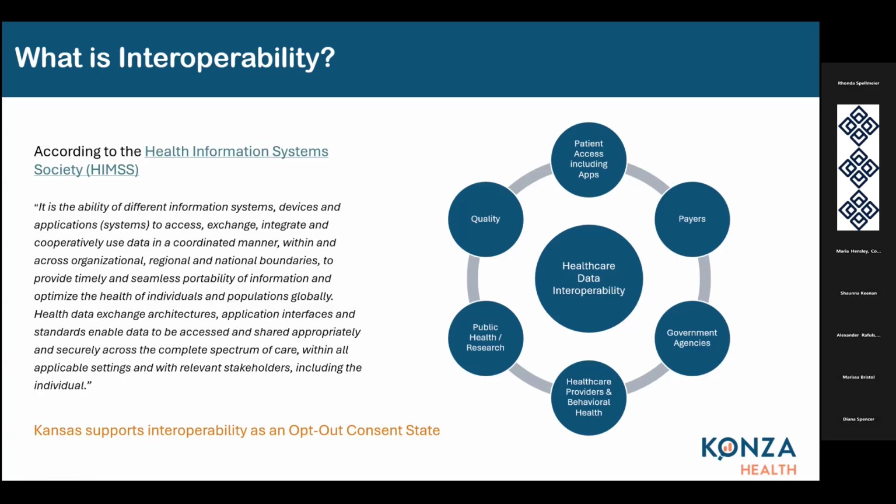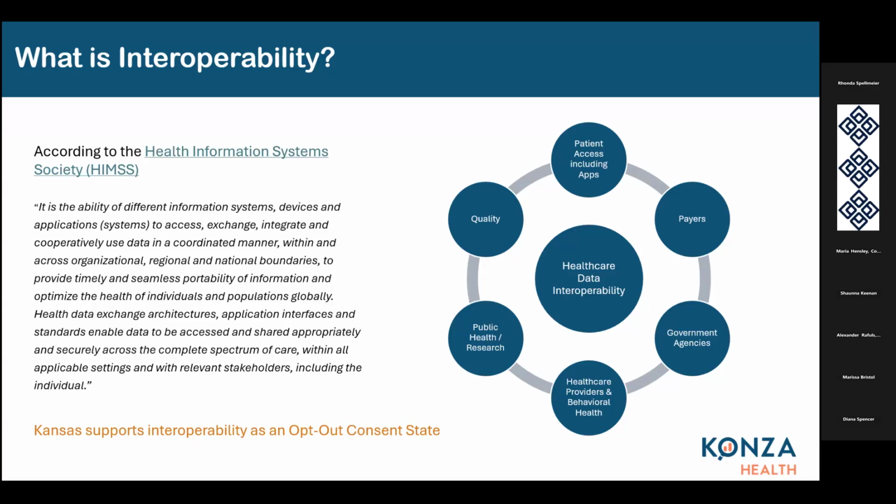This is about systems sending and receiving data across a whole entire network of different systems and different actors within the healthcare continuum. I do like to point out here that Kansas supports interoperability as an opt-out consent state. So what does that mean for you?